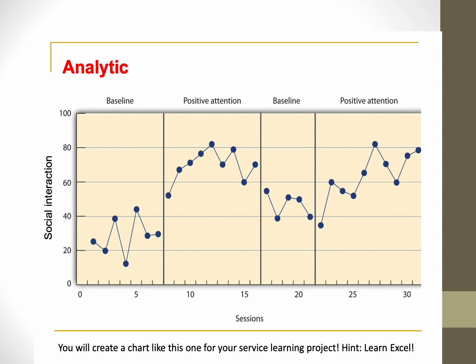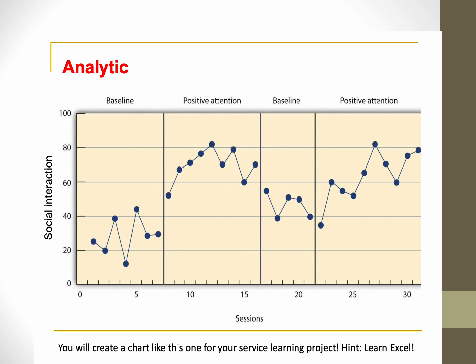So this researcher used positive attention as her intervention strategy, and the dependent variable was social interaction. In the initial baseline phase, this researcher has 1, 2, 3, 4, 5, 6, 7 baseline data points, and then she introduced the intervention, which is positive attention, and had 1, 2, 3, 4, 5, 6, 7, 8, 9 intervention sessions.